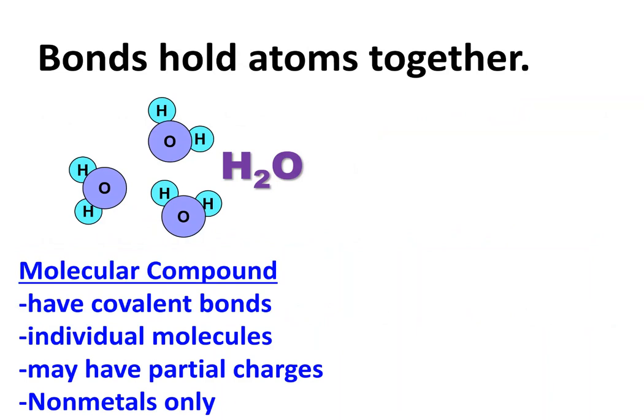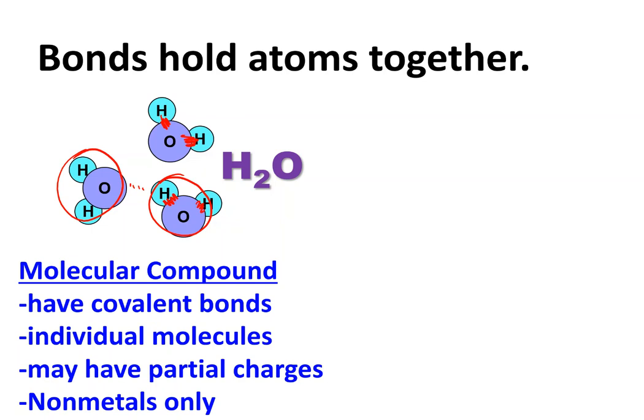So a reminder about what a molecular compound is versus an ionic compound. A molecular compound has the covalent bonds with the sharing. And you have individual molecules. This group is separate from that group. Now, we may learn a little later that there can be an attraction in there, but that attraction is much weaker than the attractions that hold these atoms to each other.